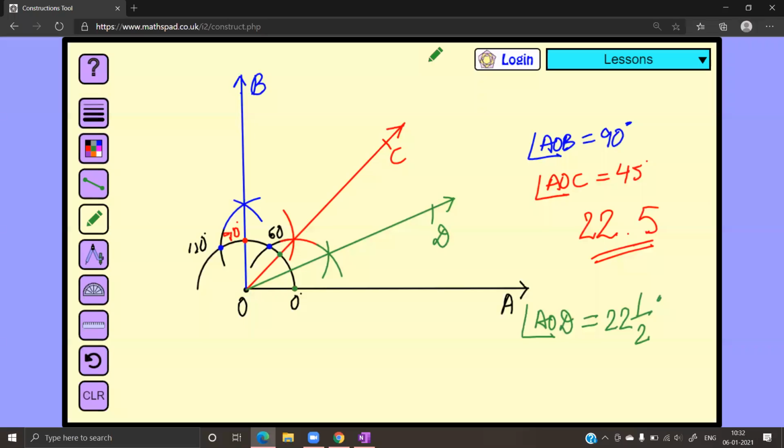I would advise you to practice the construction of these angles if the initial point was on the other end. अगर हमारा initial point right side पे होता, तब हम जब angles construct करते तो किस तरह से होते? Do practice that also.